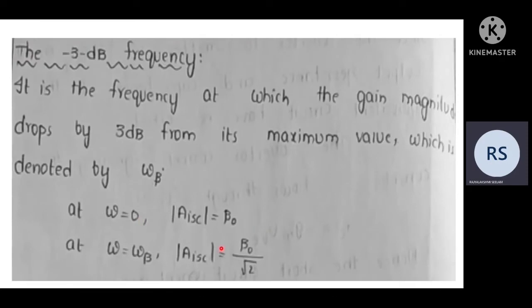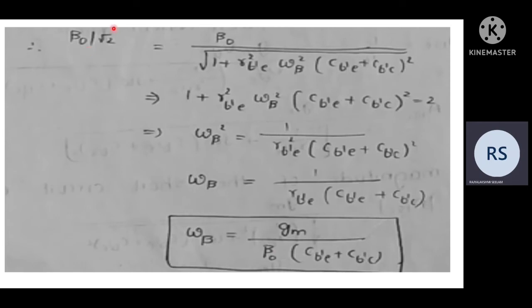Here we have mod A_isc equals beta naught by square root of 2, and we will replace the A_isc value which I have shown you. So beta naught by root 2 equals beta naught by root of 1 plus r square b'e omega beta square into (C_b'e plus C_b'c) whole square.